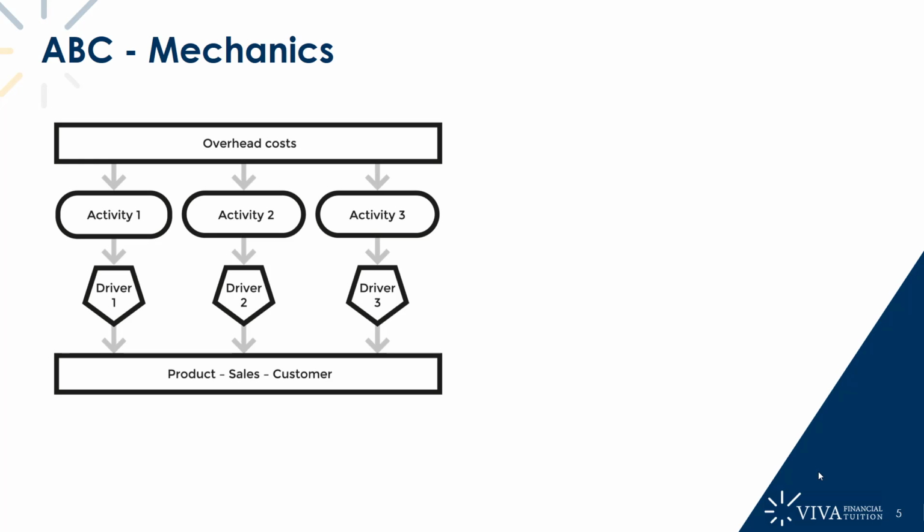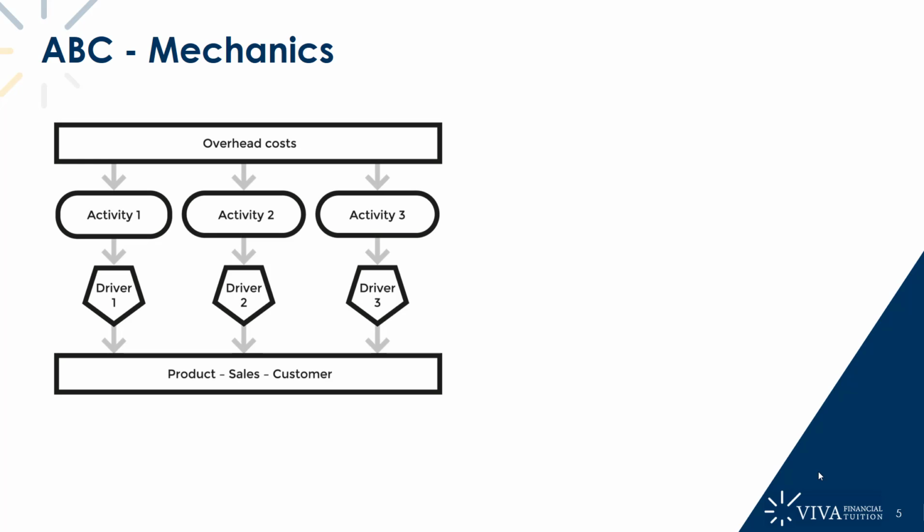Now, activity 2, if we leap forward in the production process, might be something along the lines of setting up our equipment. We might say, well, every time we're going to produce a batch of products, we need to get the production machinery ready to produce that batch of products. So activity 2 might be production setups. And again, sounds a little bit boring, but it may well be the case that the appropriate cost driver for that is simply something like the number of setups.